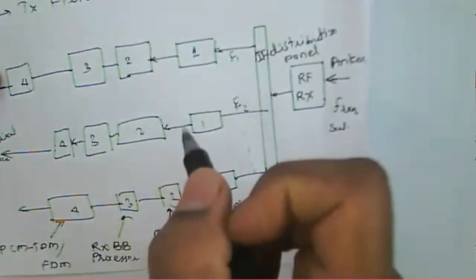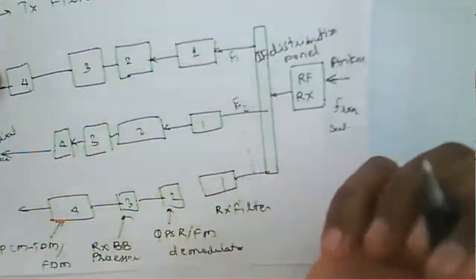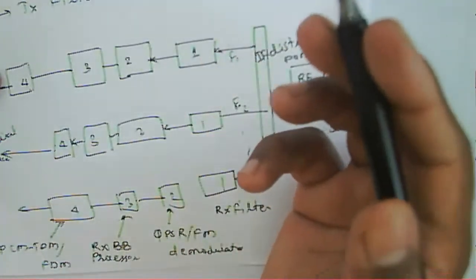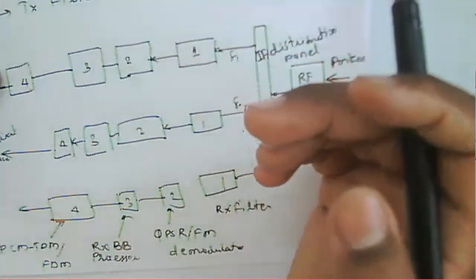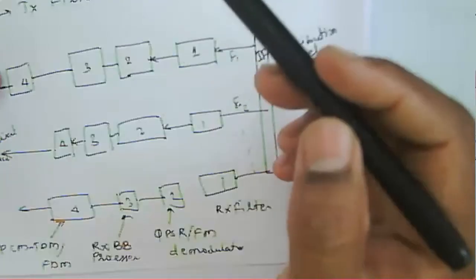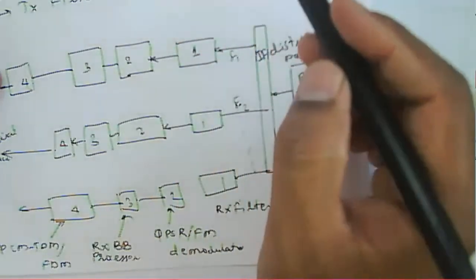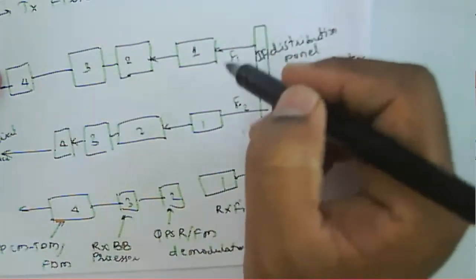If an earth station is communicating with a network, or we can say n other earth stations, then the earth station will transmit the n channels, and the earth station will receive the n channels.